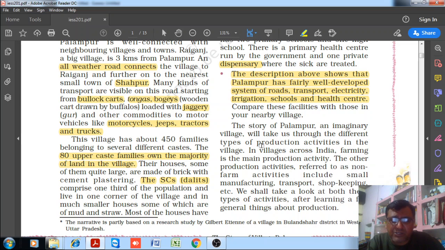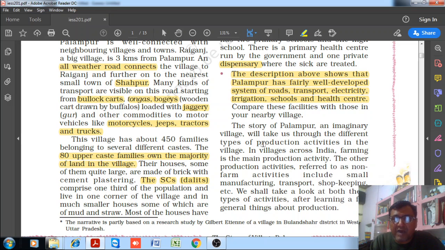It will take us through the different types of production activities, as I have already conveyed, that all such production activities are happening in this village. Primary means agriculture. The major occupation of Palampur village is agriculture. Most of the people are engaged in agriculture. And number 2 is secondary, that is manufacturing. They manufacture some ghee, paneer and some dairy products and some other small things, like some potters who produce earthen pots.